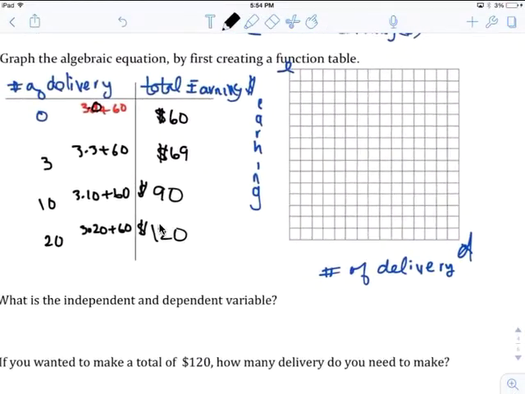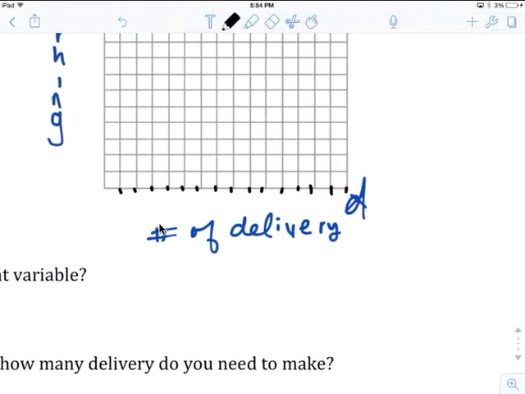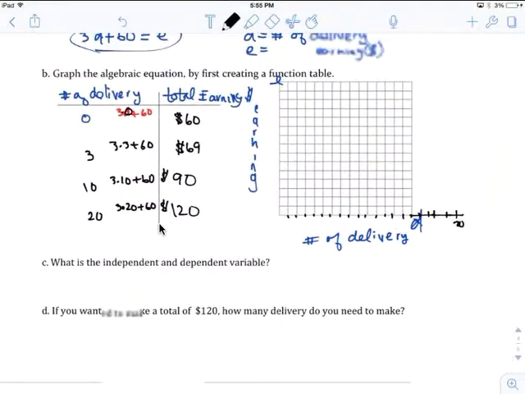So for the number of deliveries, we can count by ones: 1, 2, 3, 4, 5, 6, 7, 8, 9, 10, 12, 13, 14, 15. I'm going to stretch it. 16, 17, 18, 19, 20. There we go, 20 is right there.